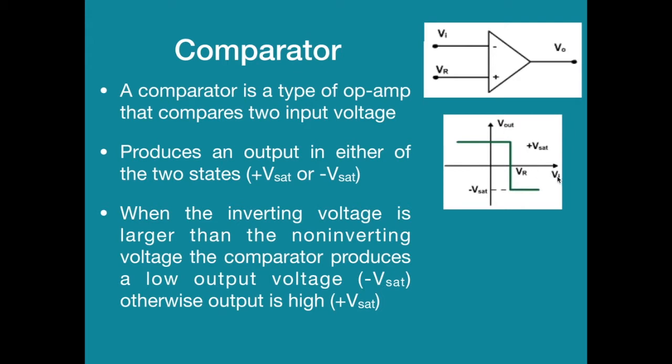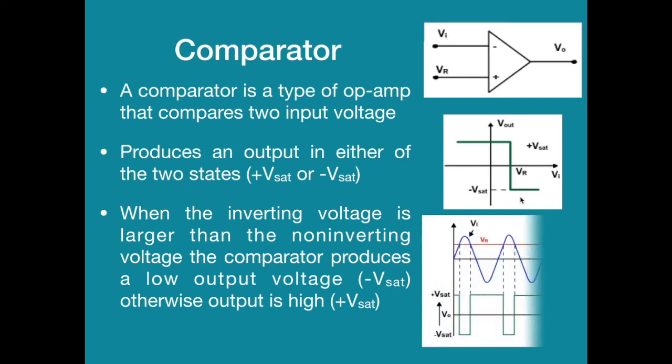So when Vi is less than Vr, it is positive V saturation, and as soon as Vi crosses this Vr, it becomes negative saturation. This diagram further clarifies: this is the input voltage V in, a sinusoidal voltage, and Vr is a reference voltage or constant voltage.